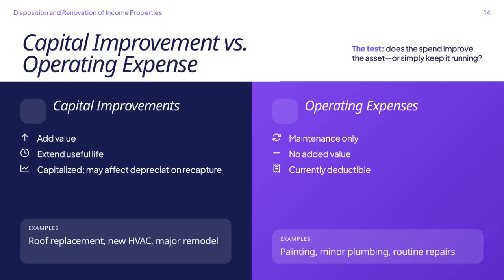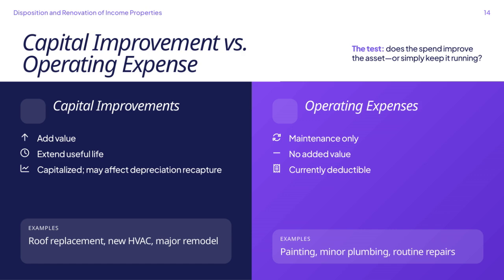When evaluating expenses, it's important to distinguish between capital improvements and operating expenses. Capital improvements are investments that add value to the asset or extend its useful life. These costs are capitalized, meaning they're added to property's basis and may impact depreciation recapture down the line. Examples of capital improvements include things like roof replacements, new HVAC systems, or major remodels.